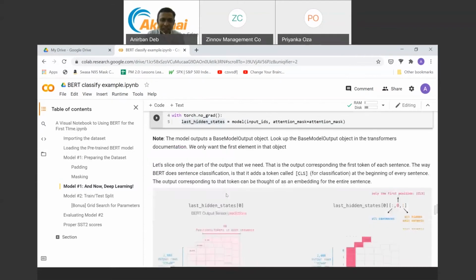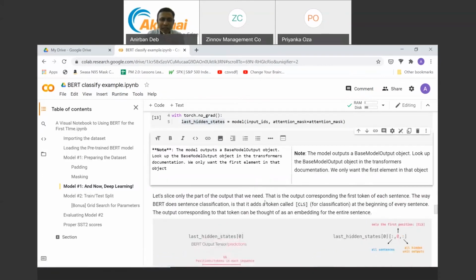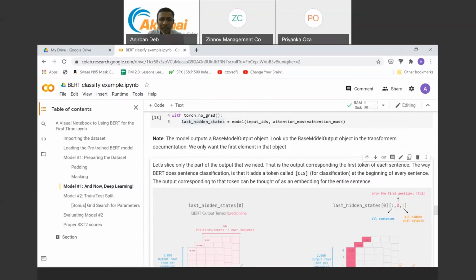Now what comes out is a base model output object from the Hugging Face library. That object has different elements. It passes you the attention vectors, and we only want the first element of that object.